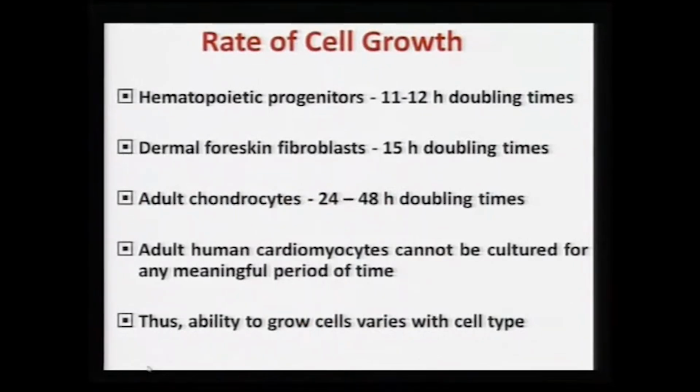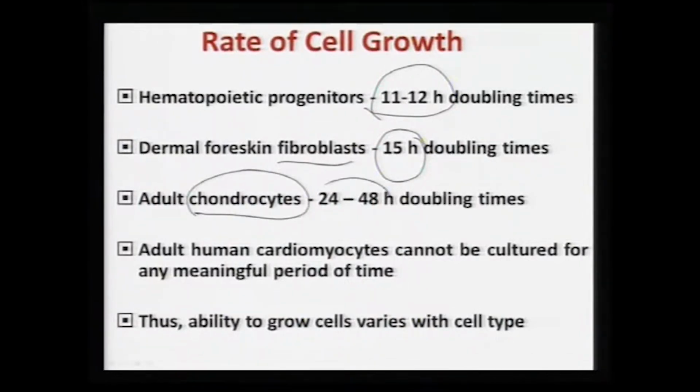Now, just a few numbers as I have given you for the cell migration. Hematopoietic progenitor cells have 11 to 12 hour doubling time, whereas dermal skin fibroblast is typically 15 hour doubling time. Adult chondrocytes, that is cartilage tissue cells, typically have 24 to 48 hour doubling time, and adult human chondrocytes cannot be cultured for any meaningful period.